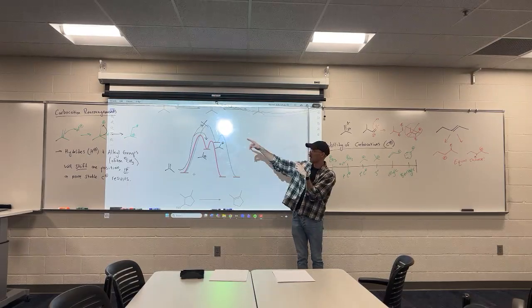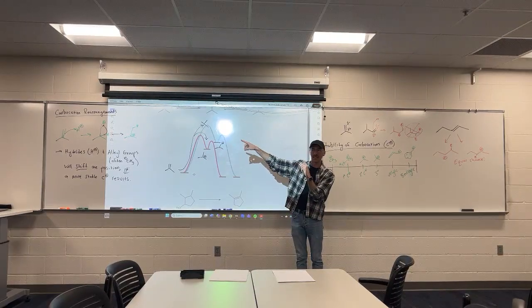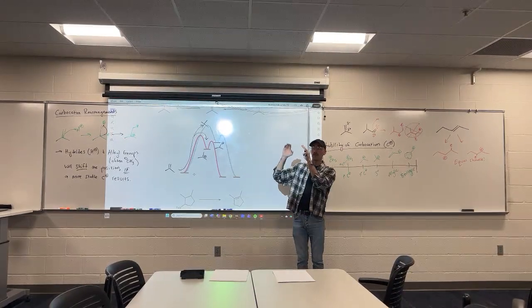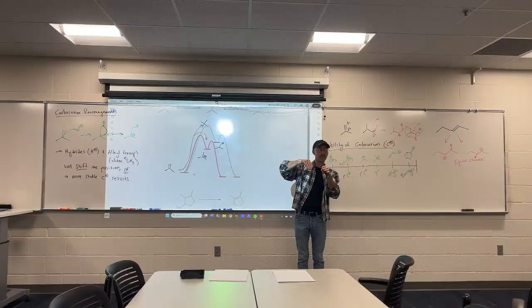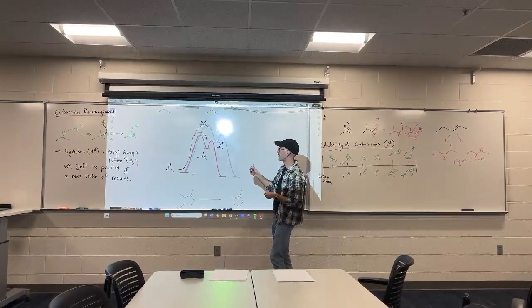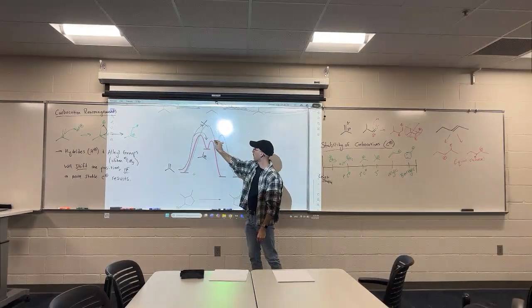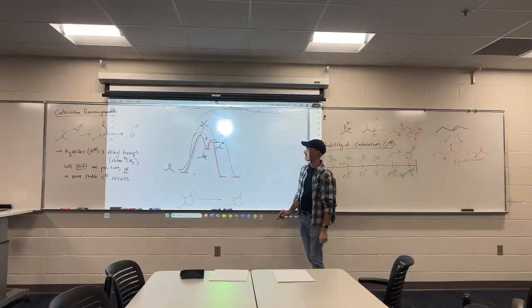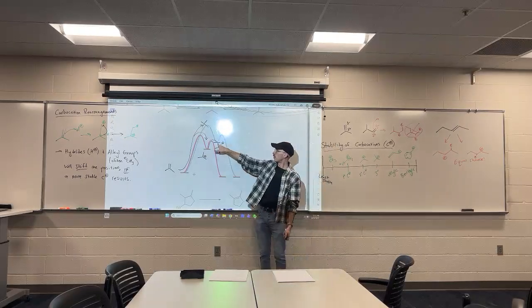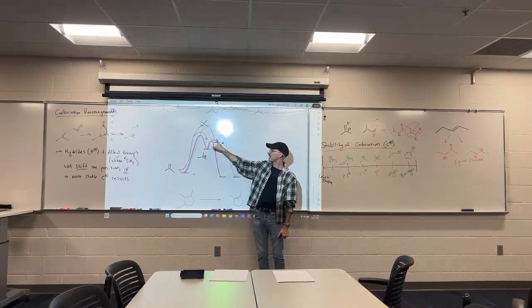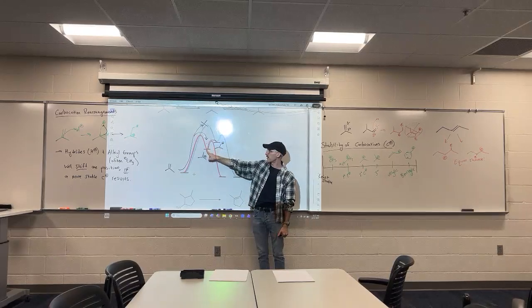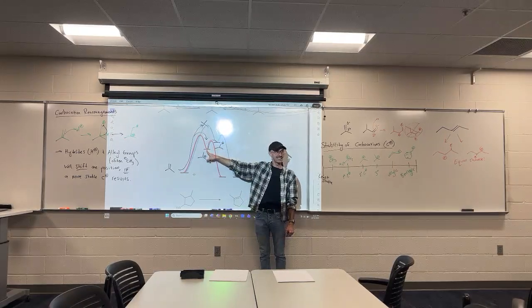What I'm showing in this arrow pushing is the blue moving through a transition state to the pink. It goes from this energy, it has to overcome a small energy barrier, and at the end, it's now at a lower energy.